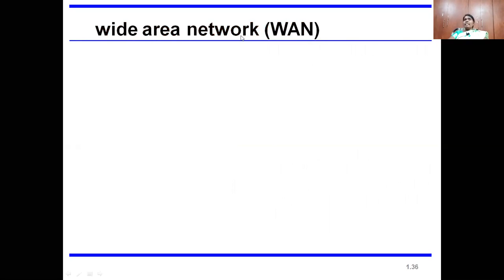Next, wide area network. While coming to this wide area network, the name itself is telling it is a wide area. Wide area means big, it's global, international, we can consider it.